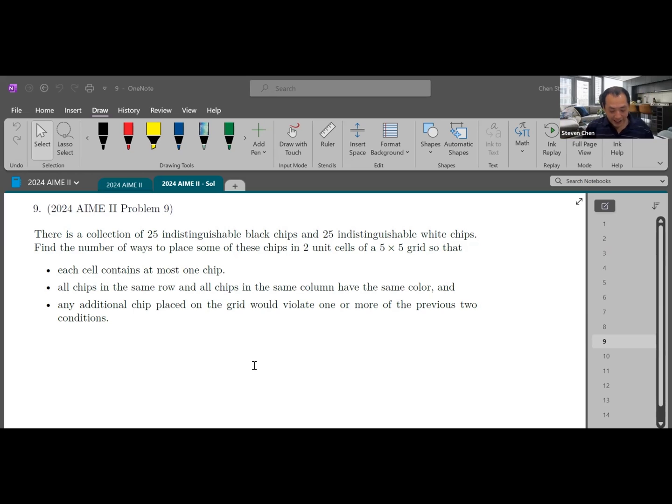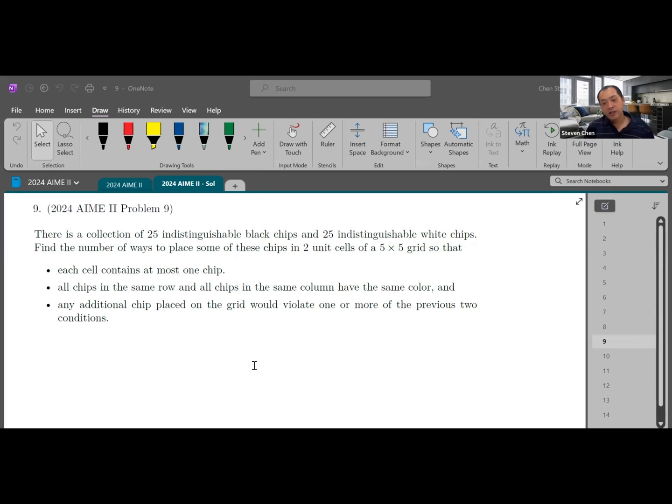The third condition says that suppose now we have a configuration that satisfies the first 2 conditions, okay? And you try to add any additional chip to the grid, then that will violate either of the first 2 conditions. So, for instance, what kind of operation is feasible? Let's imagine the following extreme case.